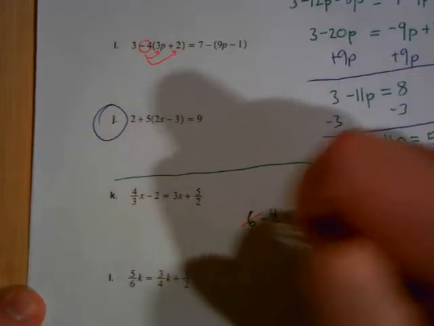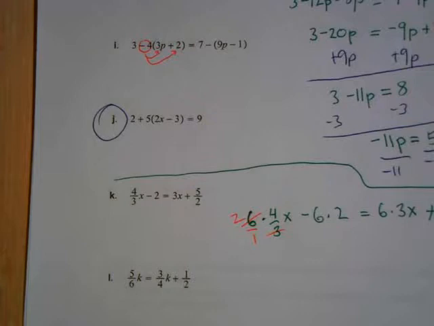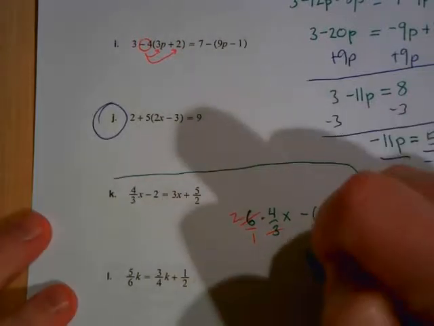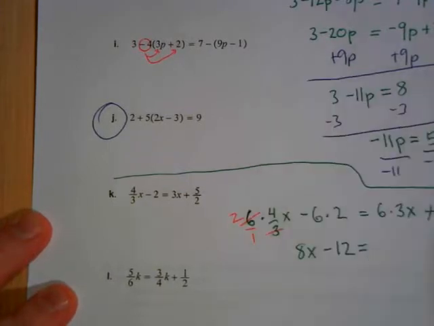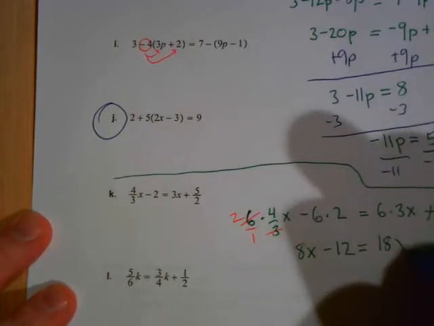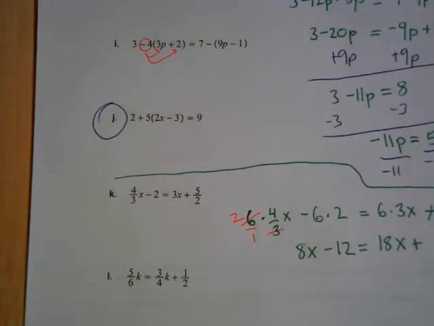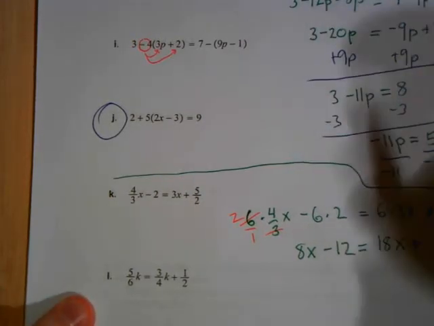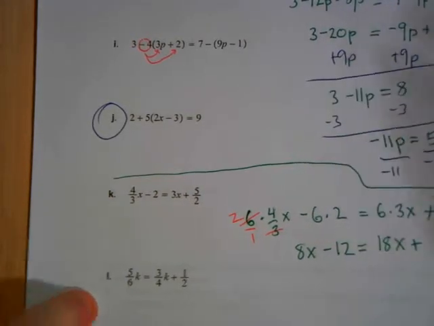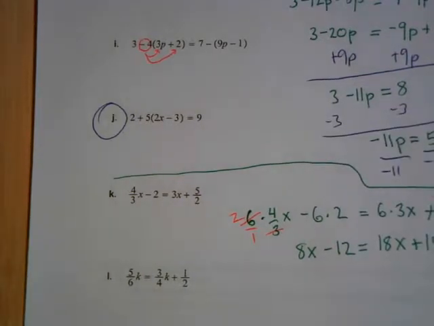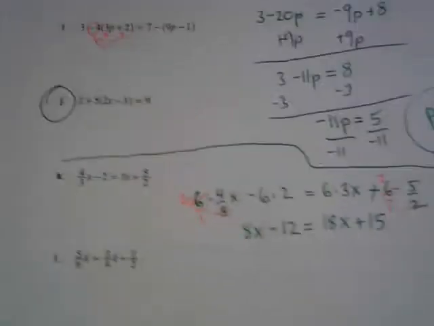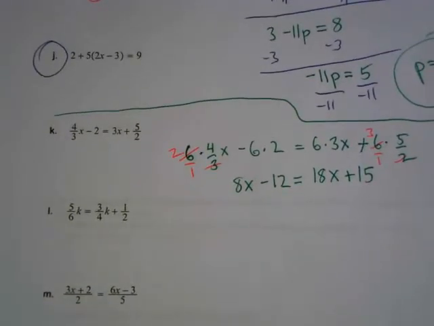And I'm left with 8x minus 12 equals 18x plus, same deal over here, I think of 6 as a fraction, I reduce, 15. Notice how nicely that works. We multiply by our common denominator. Multiplying by the common denominator clears all of the fractions, and that's what we wanted.